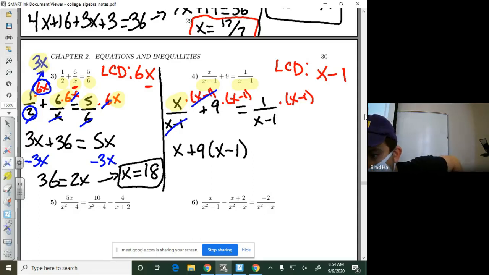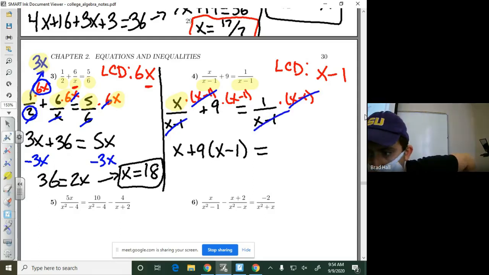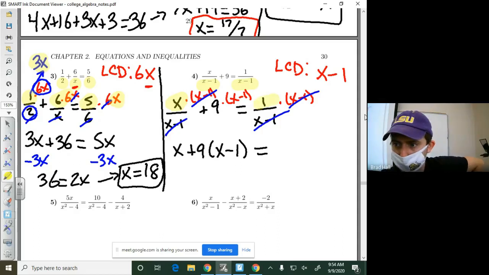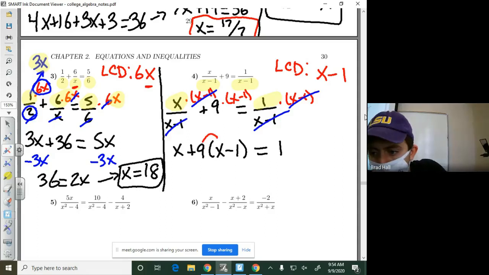And so finally, for the last fraction, the x minus 1's cancel, and you're left with just a 1. And so this cleans up a lot better than before. So we can go ahead and apply the standard algebraic steps here.